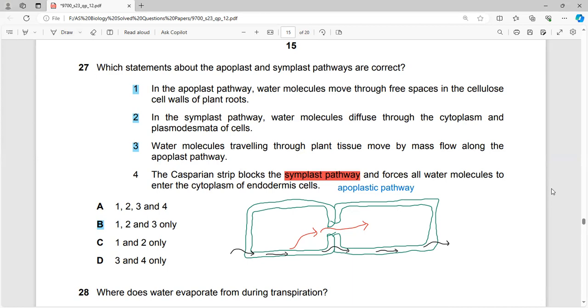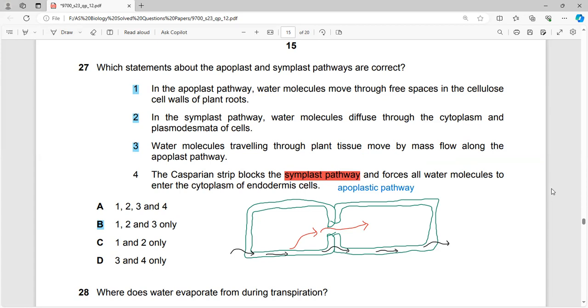So that's why it is a correct option. Number 3, the water molecules traveling through the plant tissue are moved by mass flow along the apoplastic pathway. So water is moving along the apoplastic pathway with dissolved salts, moving from a high water potential to a low water potential. So that's a mass flow method. So this is our correct option here.